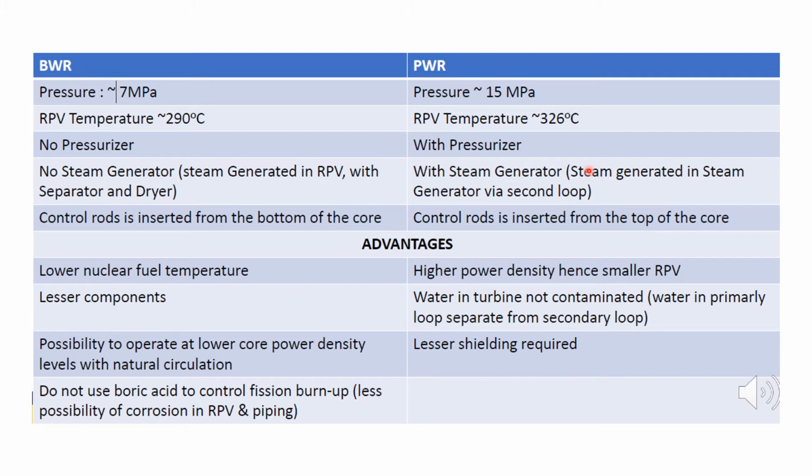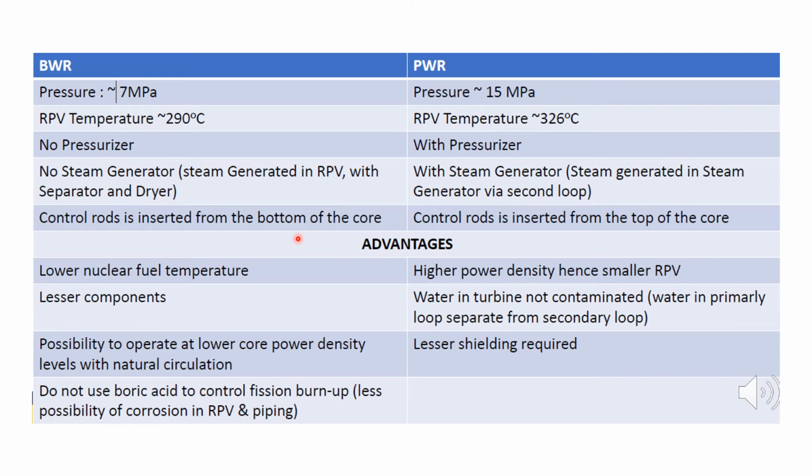Your PWR has a steam generator, and the control rods are inserted from the top of the core, while in your BWR, the control rods are inserted from the bottom of the core. Some of the advantages for your BWR: lower nuclear fuel temperature, fewer components, and the possibility to operate at lower core power density levels with natural circulation, and it does not use boric acid to control fission burnup.